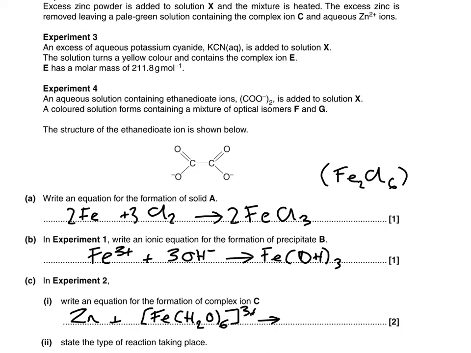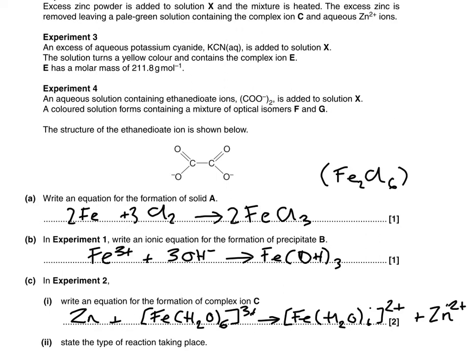On the other side, we've made a new complex, and it's pale green, so that means the oxidation state of our iron has changed from +3 to +2. That means that our iron has been reduced, which means our zinc has been oxidized.